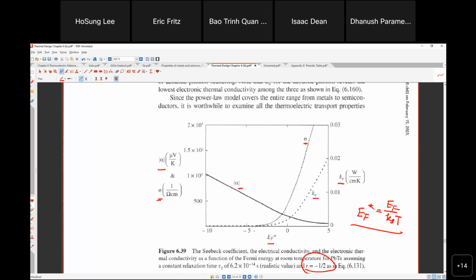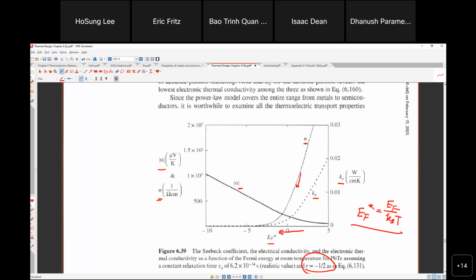As the Fermi energy changes, increasing or decreasing, it is very interesting. If you decrease it, the Seebeck coefficient increases, but the electrical conductivity decreases.